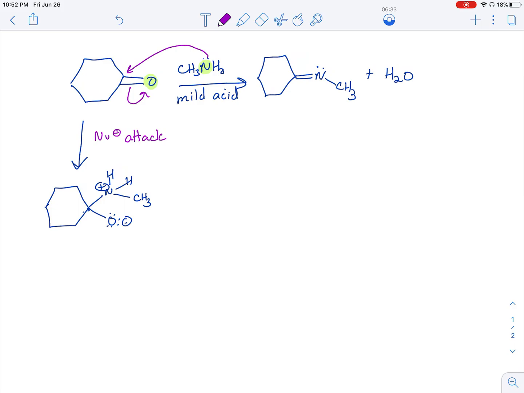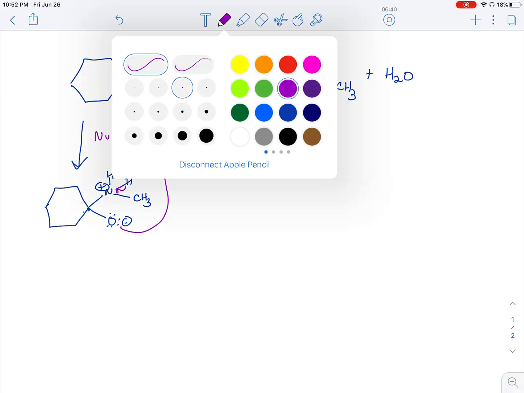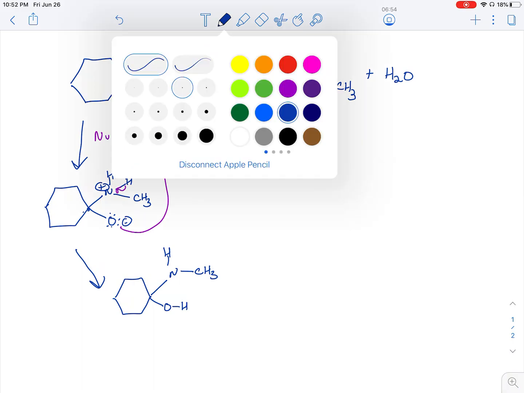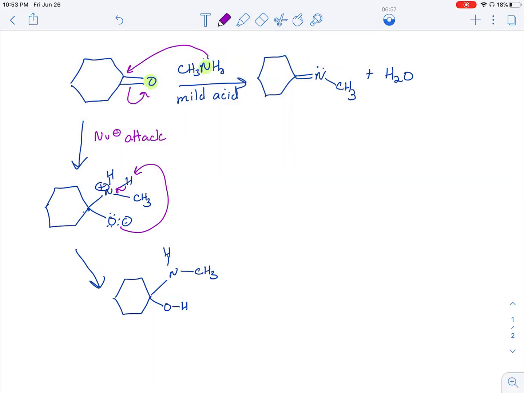So this is going to come, take that proton, those go there, back to the nitrogen, and what we'll see is that we end up getting rid of our charges and making both of the atoms neutral, right? So now it's neutral. So we see that basically this next step here was a simple proton transfer.